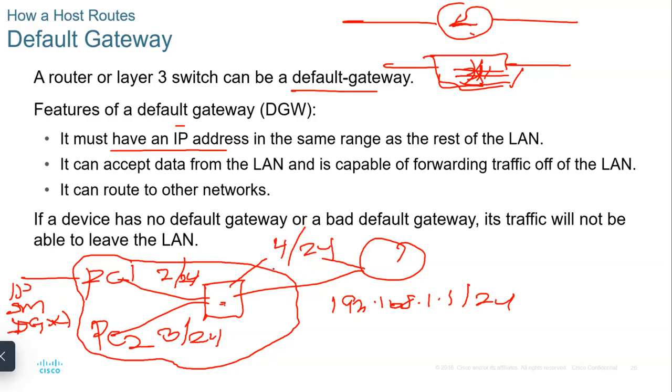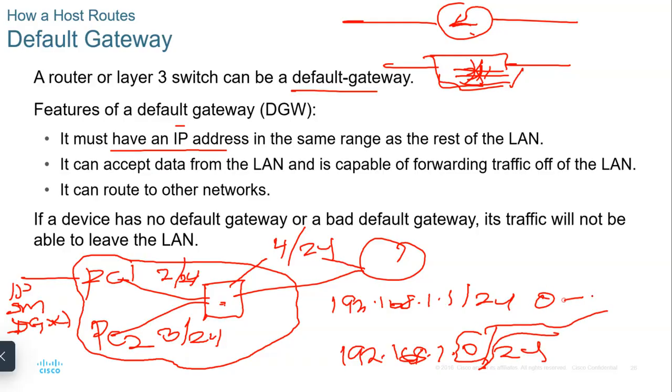So as you can see, all the IP addresses are generated from one network address, which is 192.168.1.0/24. Because here the range is going to be from 0 up to 255. So all these IP addresses are generated from here.